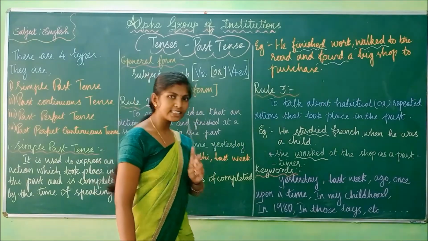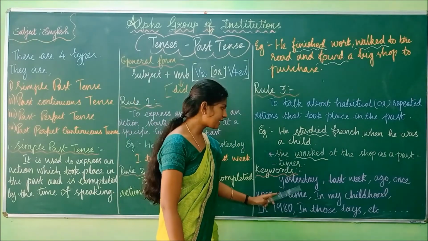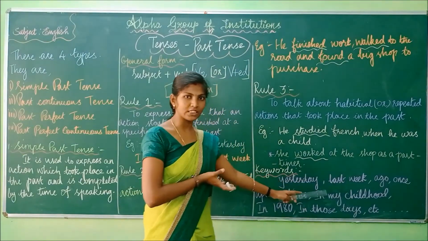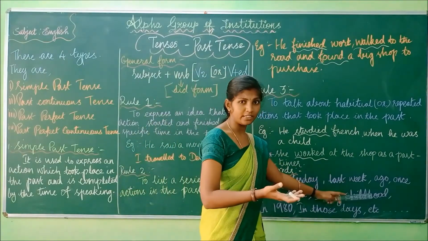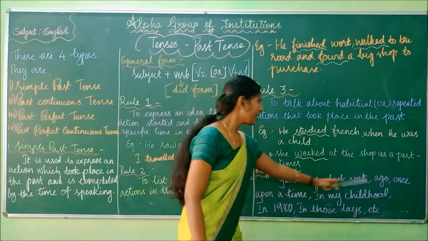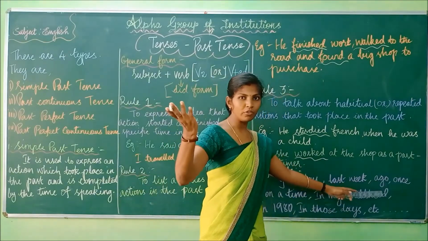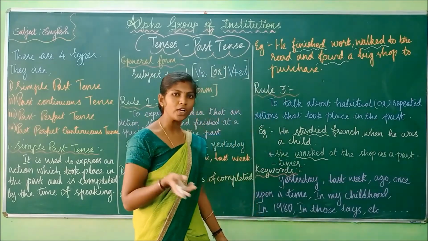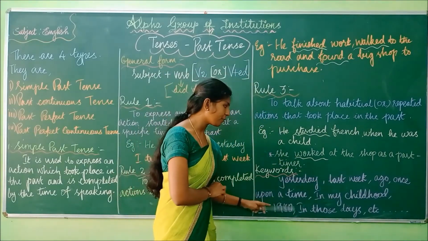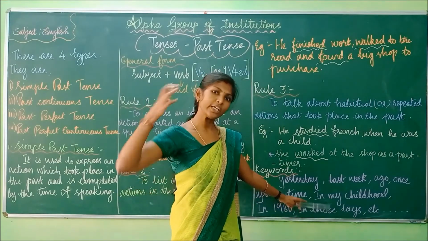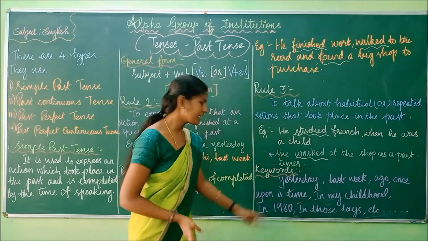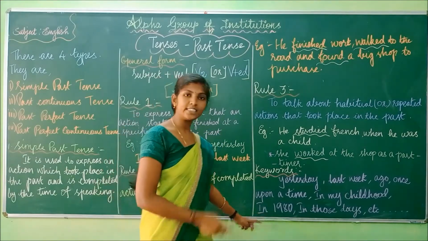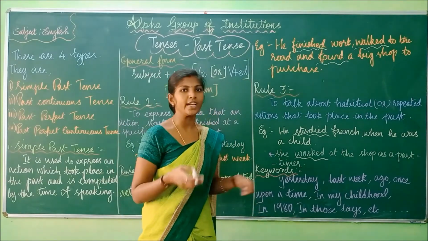So the sentence may have keywords like yesterday, last week, last month, day before yesterday, last year, last day, ago, long time ago, long period ago, once it happened, once upon a time, in my childhood, in ancient period, in early period, and in 1980s, in 1970s, in 1990s.